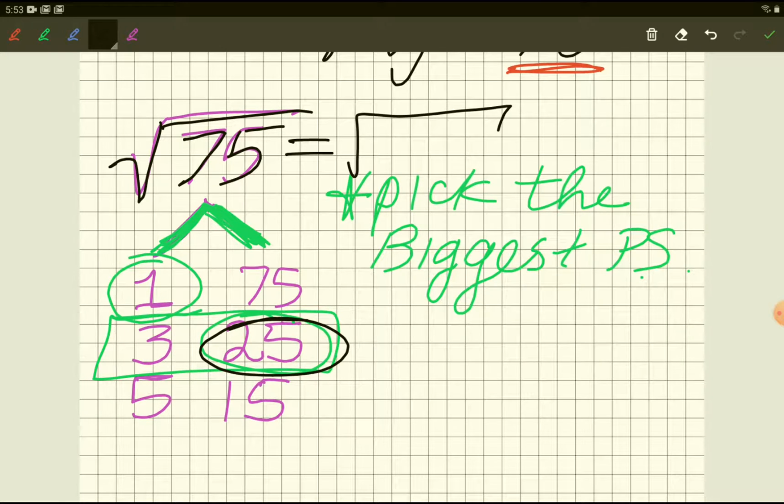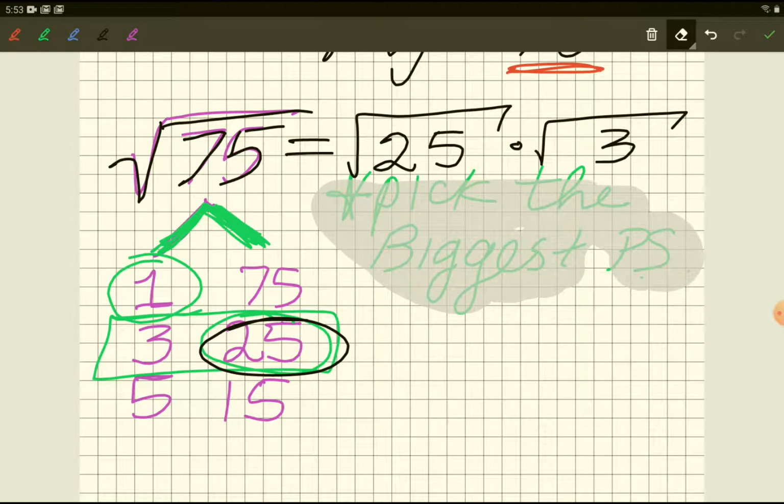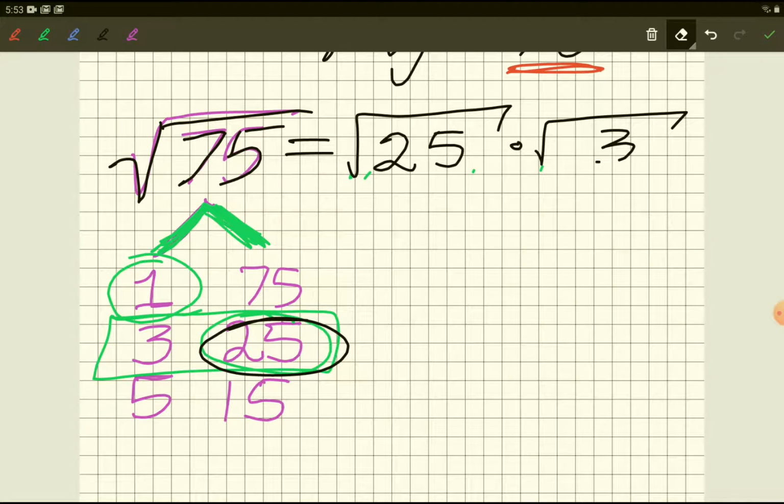Put your perfect square first. Since 25 times 3 gives me 75, it also is true that the square root of 25 times the square root of 3 equals the square root of 75. That's just one of the many magical things about math, that it will work.